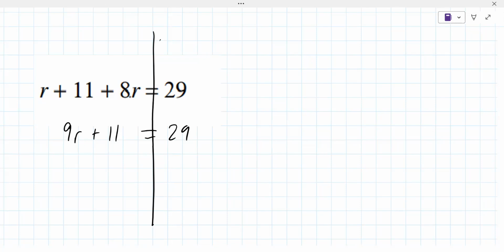And then divide them both by 9, so r equals 2, I think. Yes.